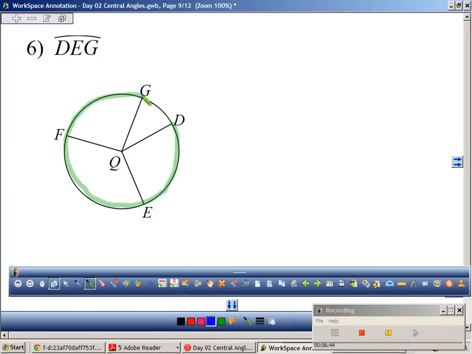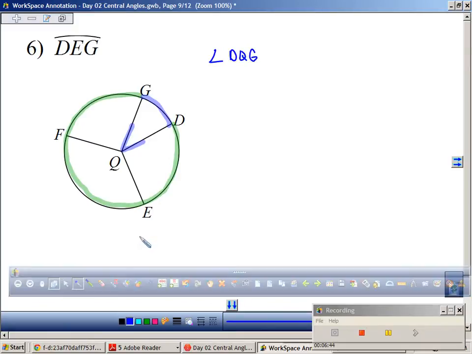I want the minor arc because that one is going to be associated with the angle that I want. That would be angle DQG. So copy that one down.